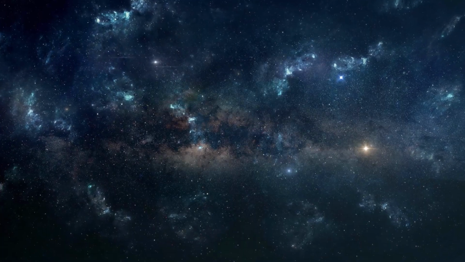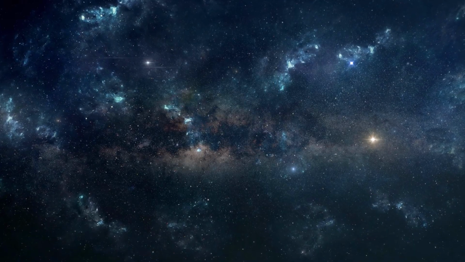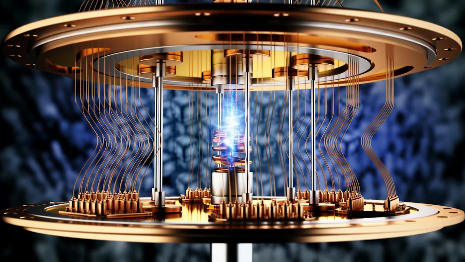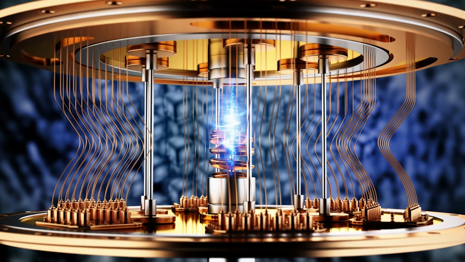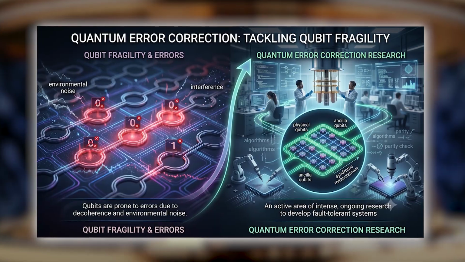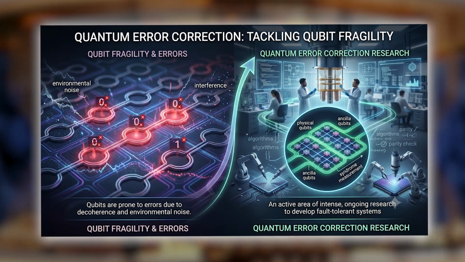To prevent this, most quantum computers today need to operate at temperatures colder than outer space. We're talking about temperatures close to absolute zero, which is around negative 273 degrees Celsius. The engineering required to maintain those conditions is enormously complex and expensive. On top of that, qubits are prone to errors, and quantum error correction, the science of fixing those errors, is still an area of intense ongoing research.